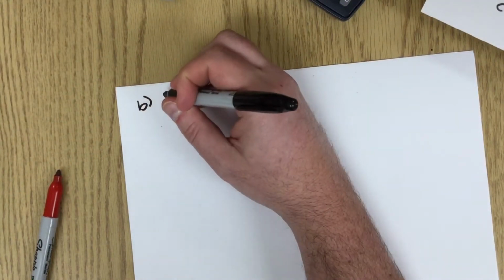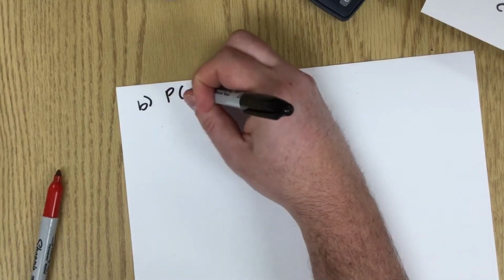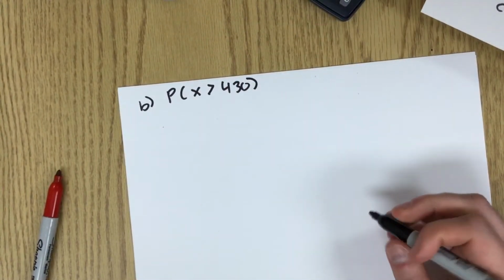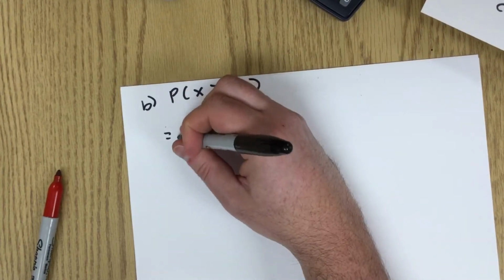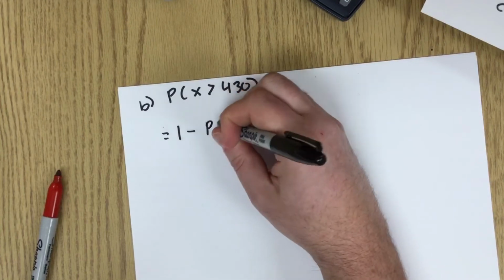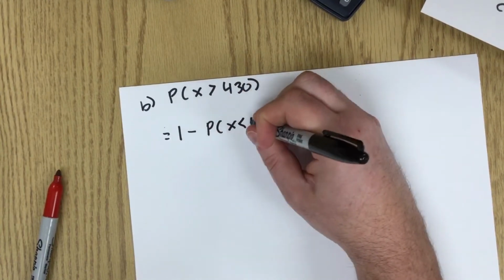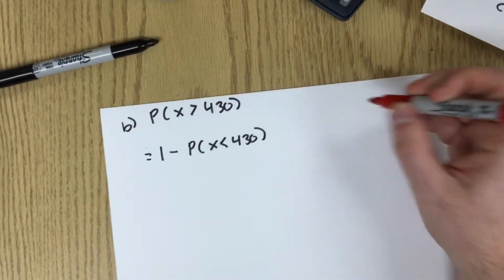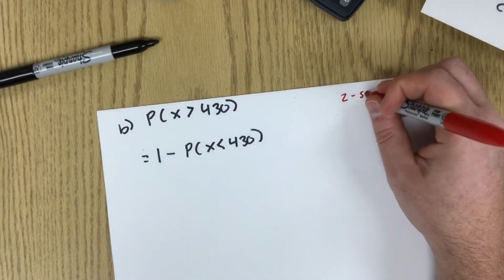Now, for B, what we're looking for is the probability that X is bigger than 430. As you may or may not recall, the way you find the probability of it being bigger is you do 1 minus the probability of it being smaller. Once again, we're going to have to figure out the z-score.